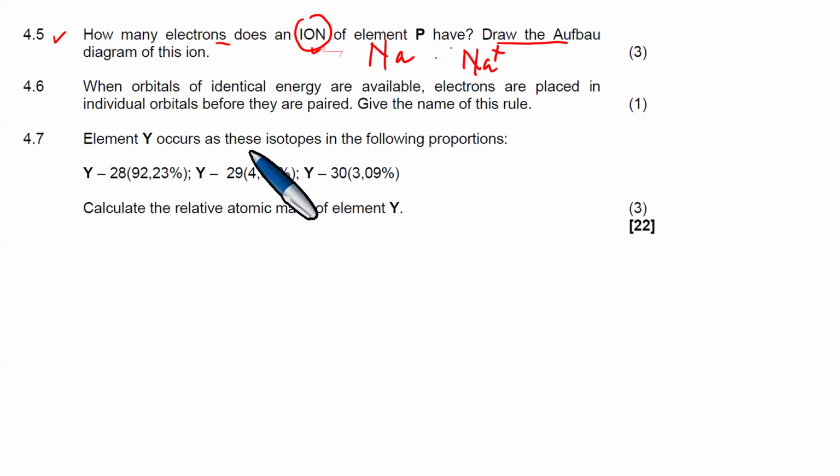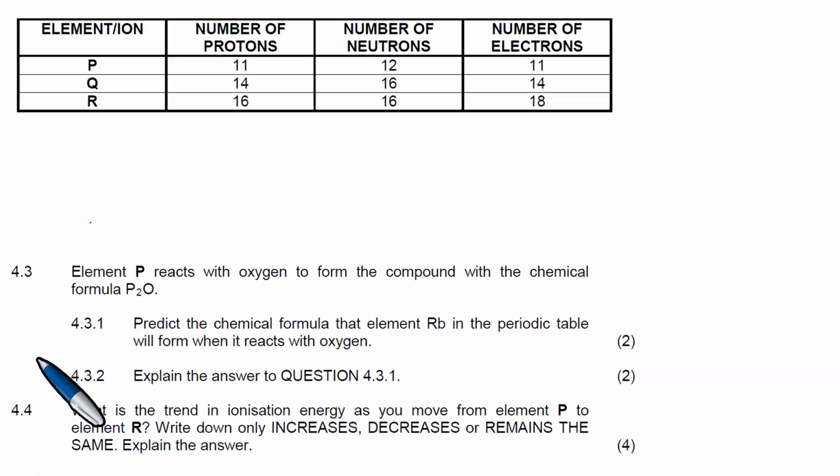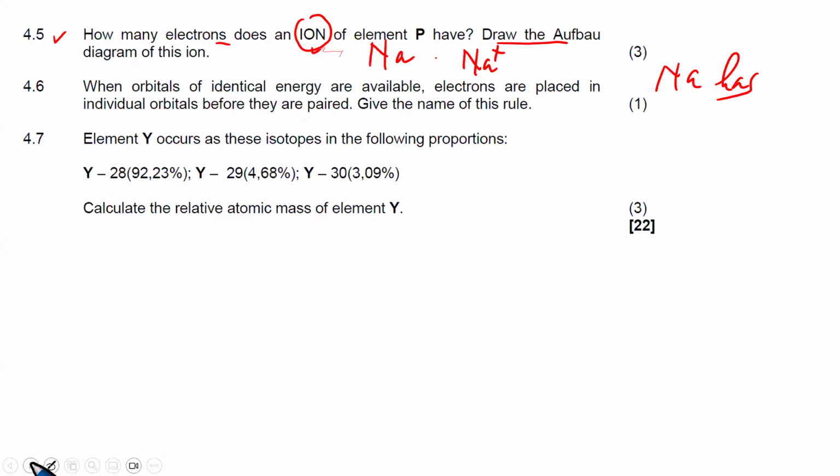We saw that Na has 11 protons and 11 electrons. If it loses one electron out of the 11, then the question asks, how many electrons does an ion of that have? So it would have 10 electrons.